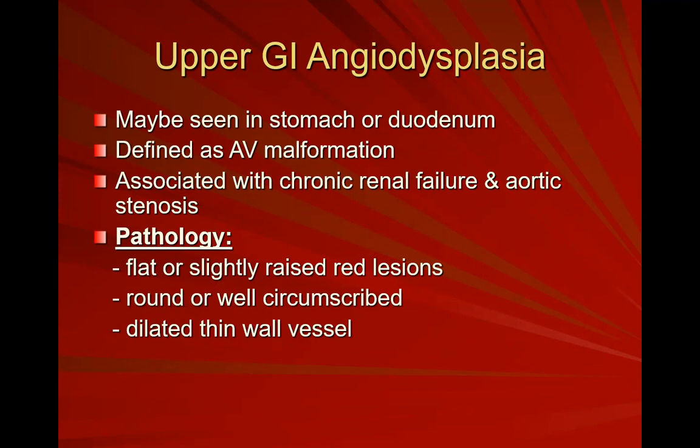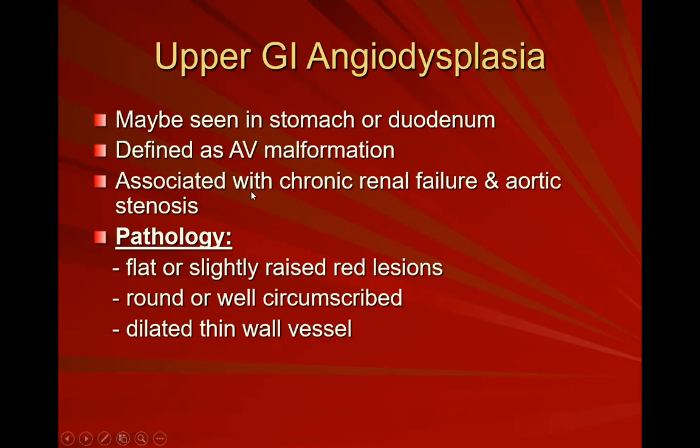They are also associated with diseases that could lead to thinning of these blood vessels. One of the great examples is patients who have valvular diseases. So elderly patients who have valvular diseases presenting with upper GI bleeding, you have to put angiodysplasia as the first differential.